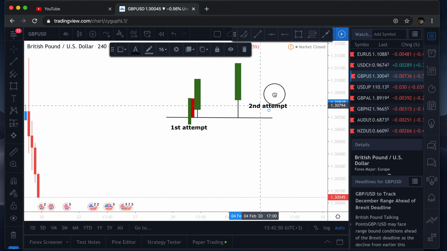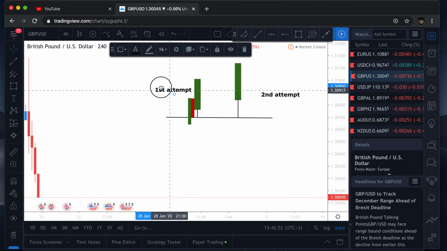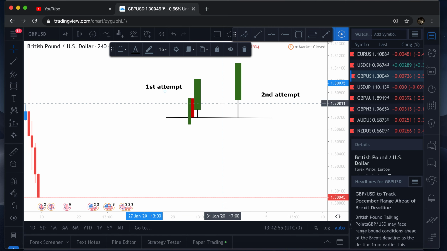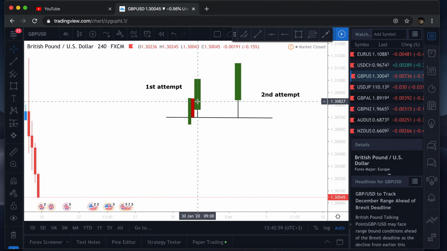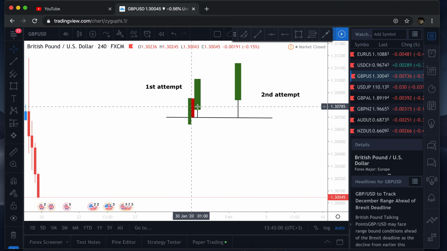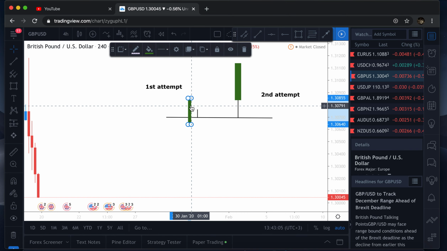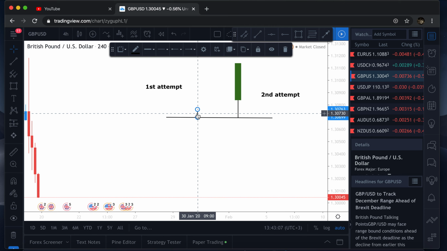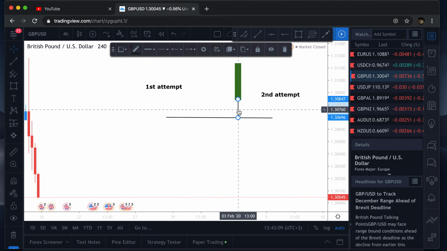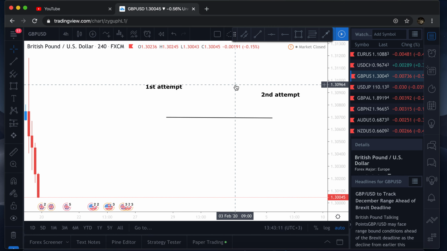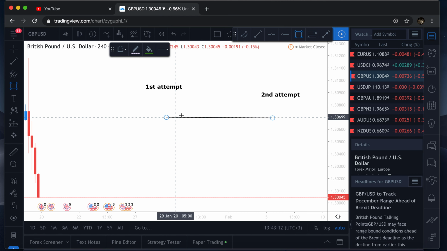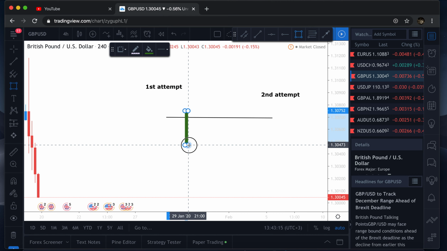Now, this was about the previously acting resistance becoming a support. What about a support that has now become a resistance because the market has broken through it? Now it's a completely different story. So we have a candle that comes down really strong, no wicks.